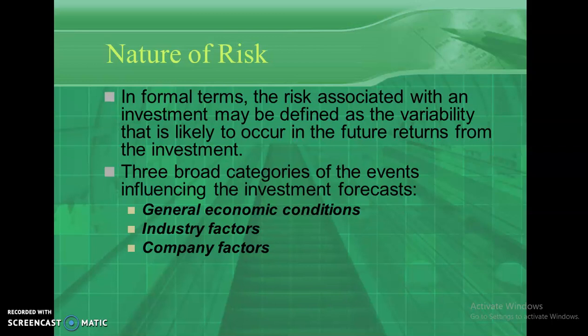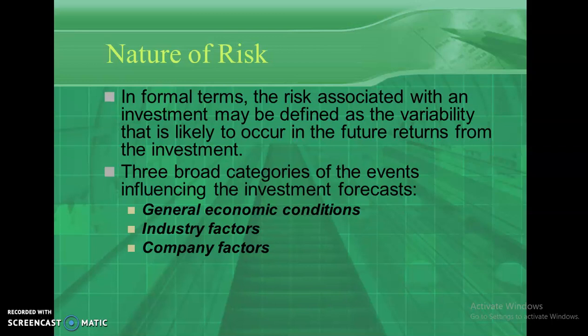So risk is viewed from different angles. Why does this risk occur? It always comes as a villain in the organization or in the investment due to three reasons. First, general economic conditions. Sometimes a recession period may affect the economy, which will affect the investment forecast.